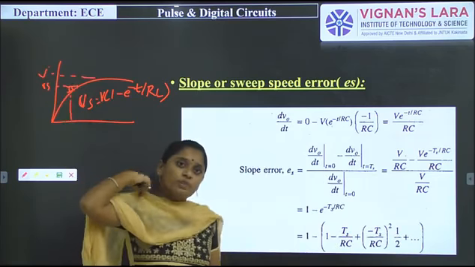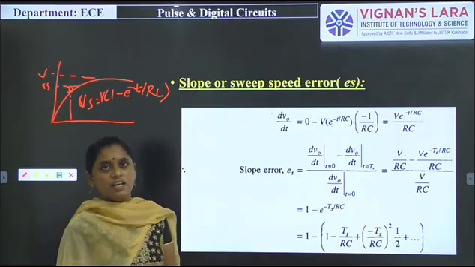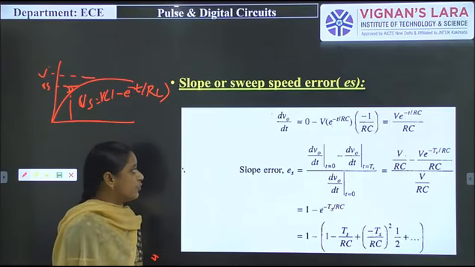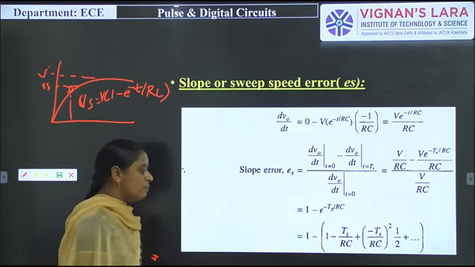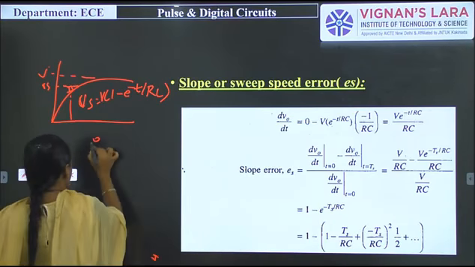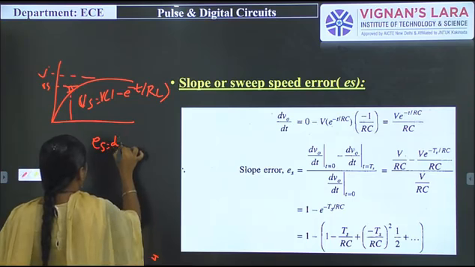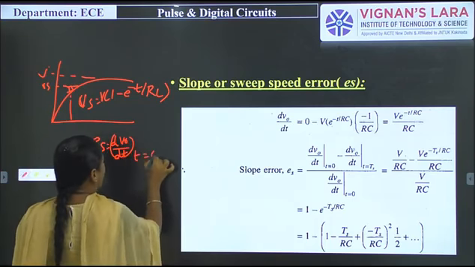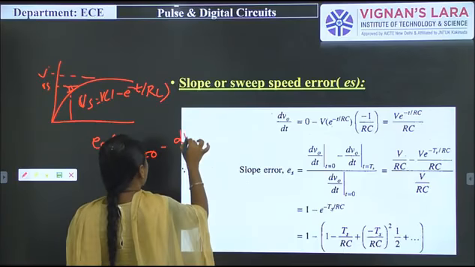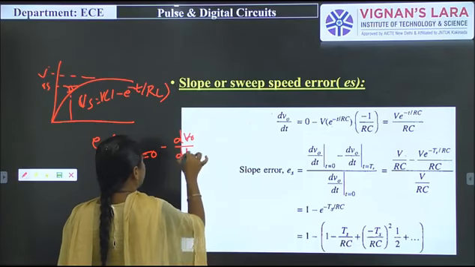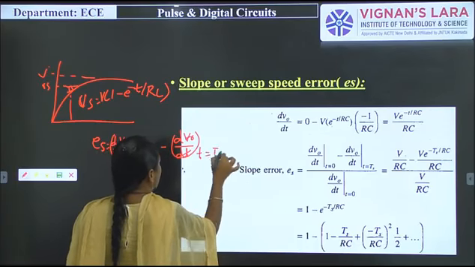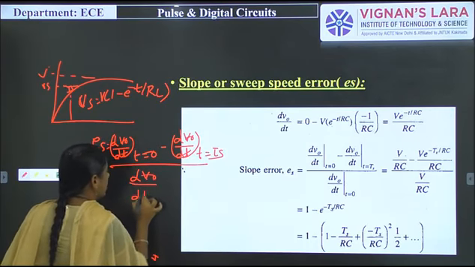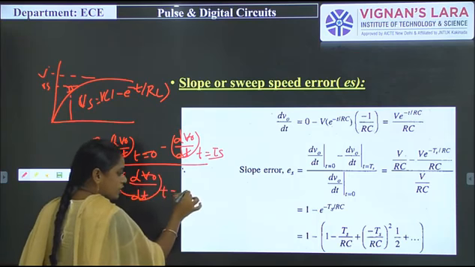As we know, what is the formula for the sweep error? It is the difference between the initial slope and the final slope, divided by the initial slope. So Es will be indicated like this: dV naught by dt at t is equal to 0, minus dV naught by dt at t is equal to Ts, divided by dV naught by dt at t is equal to 0.